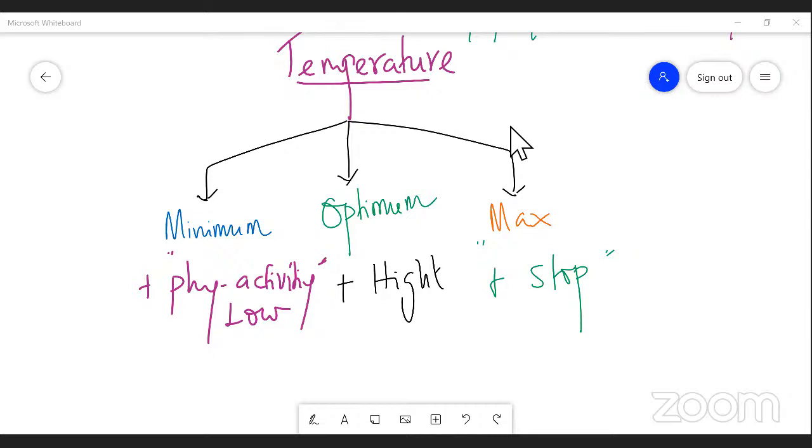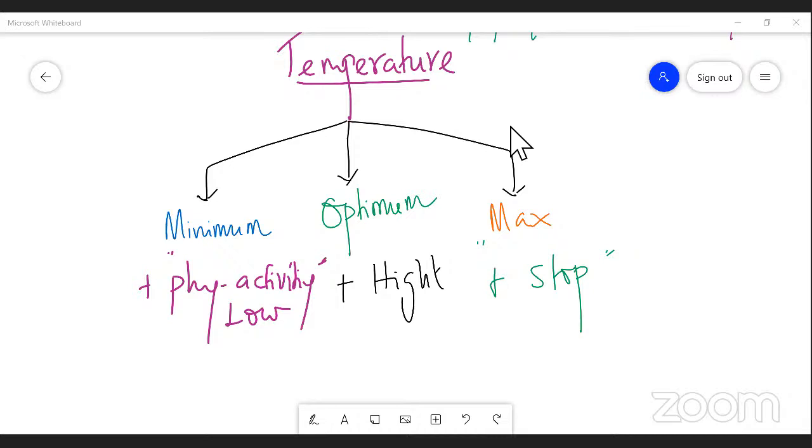Then at which temperature do the rate of growth, rate of photosynthesis and rate of respiration gradually increase? Optimum temperature, very good. At which temperature are all the activities totally stopped? Maximum temperature, very good. So generally, what are the temperatures? Minimum, maximum and optimum temperature. Very good. Okay, let me move to the next topic, right?